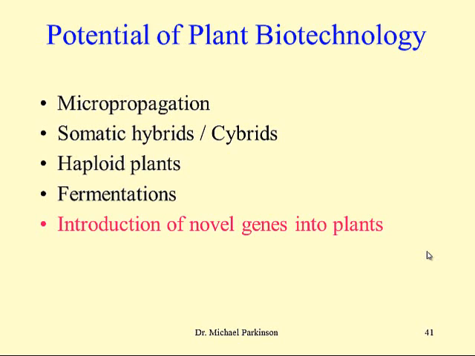We've already talked about micropropagation, but it's also possible to make what are called somatic hybrids or cybrids, where you can fuse the cytoplasm from one plant with a nucleus from another plant. This is very important because both the mitochondrion and the chloroplast actually do have their own genome. So it is possible to actually produce different kinds of plants by making somatic hybrids.